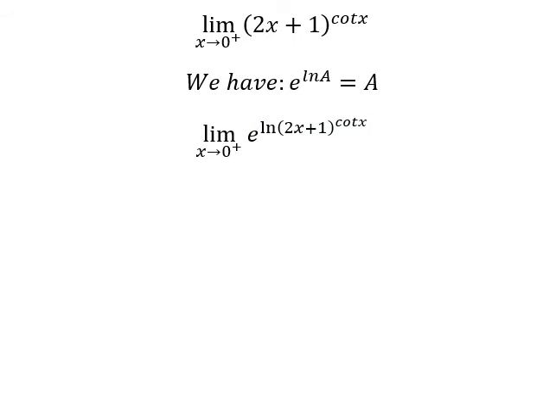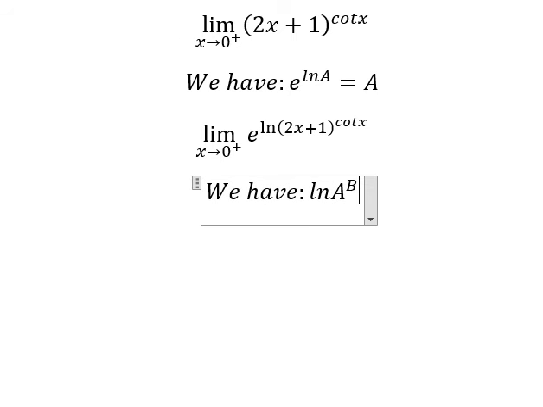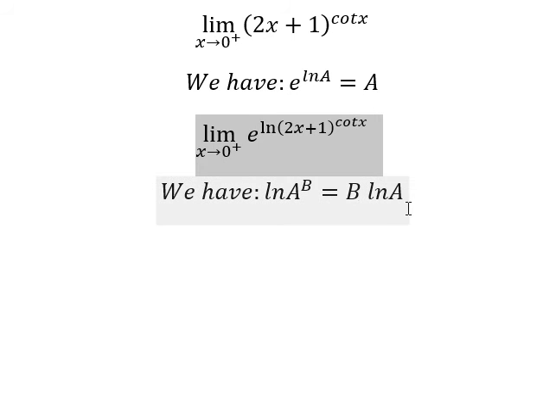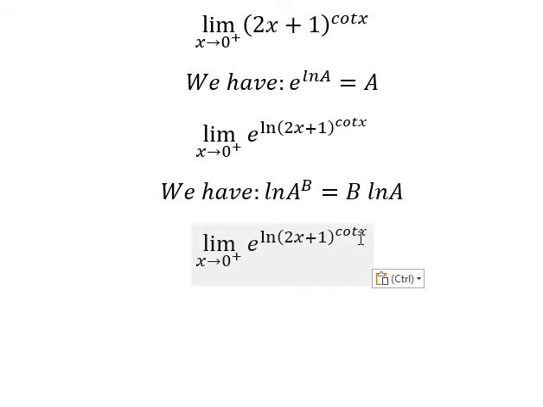Next, we have the second formula in here: ln A to the power of B equals B ln A. So if we look carefully at this one, we can transform this one into this one.